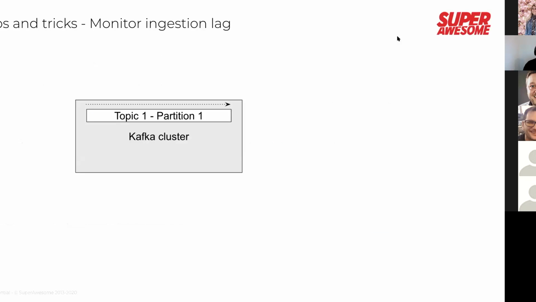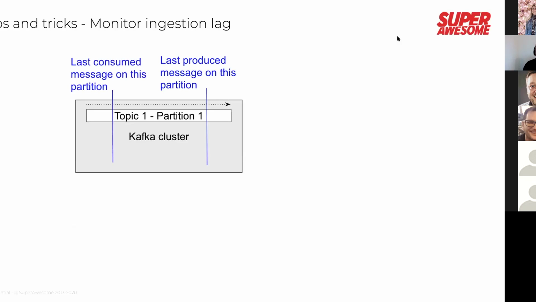Another good trick is to monitor what's called the ingestion lag. If you think about Kafka and the way it stores the data in topics and partitions, typically you would have produced data up to a certain point in the topic, and you would have consumed it up to another position. The difference between those 2 points is called the Kafka lag, and in the case of Druid, the ingestion lag.